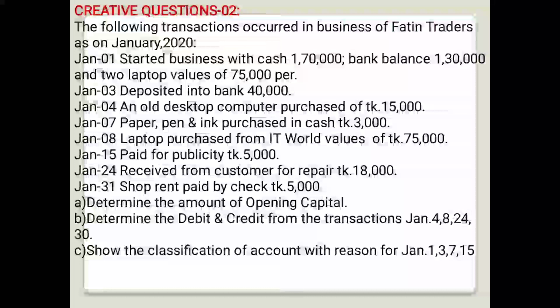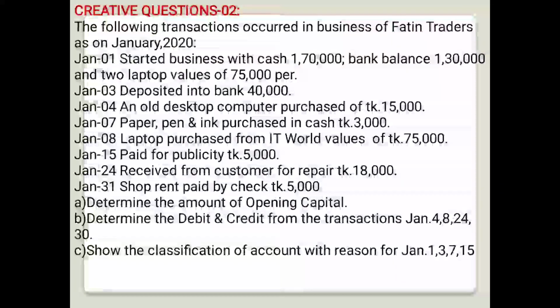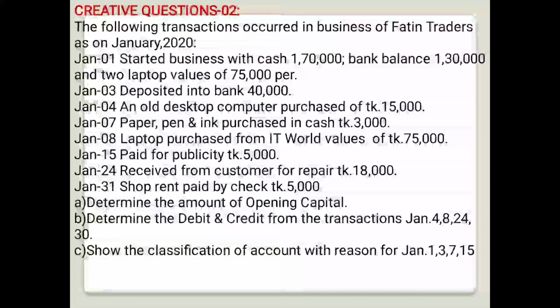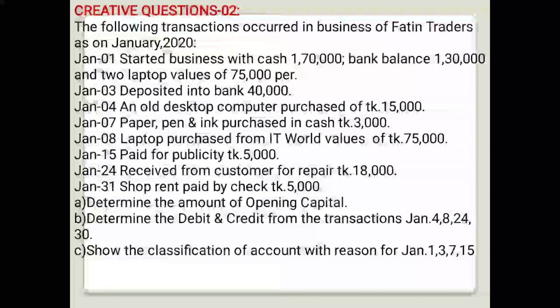January 3, deposited into bank. When any amount of cash is deposited into the bank, it is related to two accounts, the bank account and the cash account. But at this time, the bank balance is increased and the cash balance is decreased. Bank balance is one kind of asset, and cash balance is also an asset.